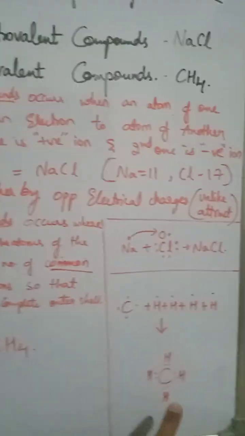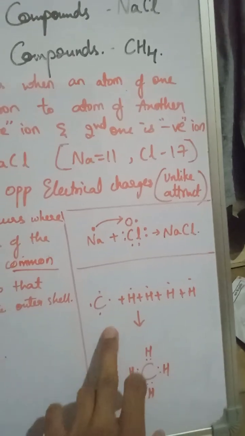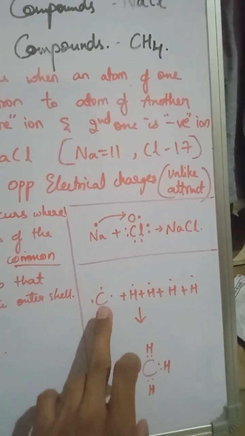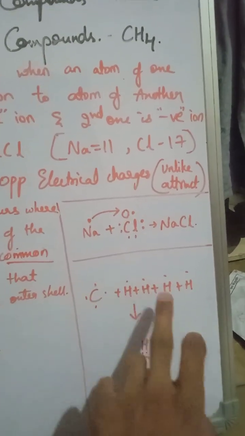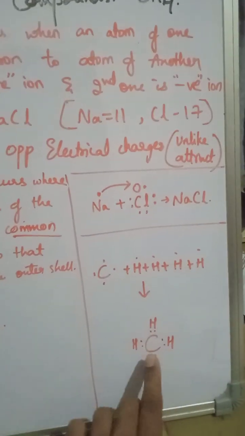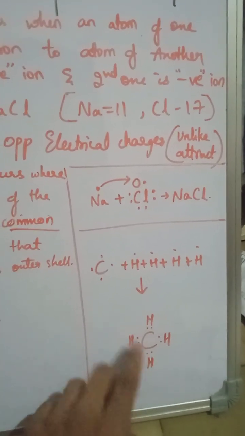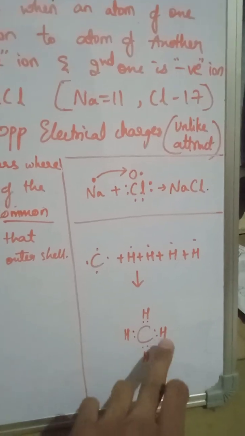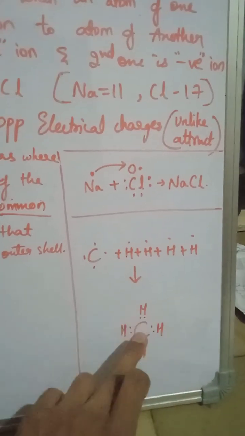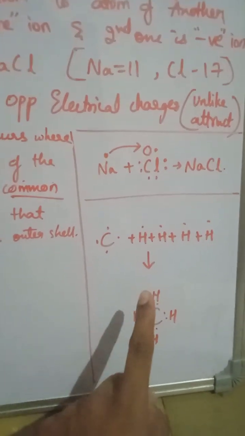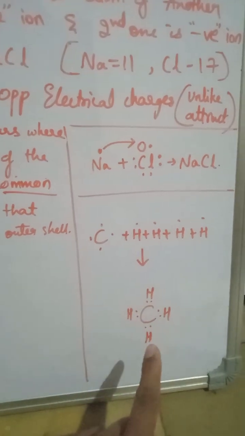So carbon, which has 4 valence electrons, will form bonds with the hydrogens, which have 1 valence electron each. So here hydrogen is getting 2 electrons and carbon is getting 4 more electrons. That is, carbon is getting 8 electrons and hydrogen is getting 2 electrons. Hydrogen is stable here, and carbon is also stable here.